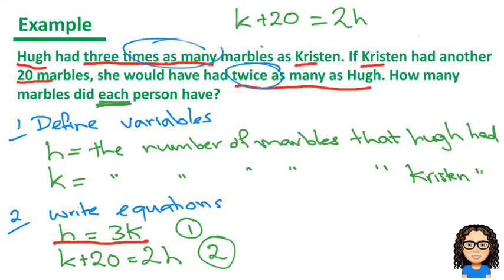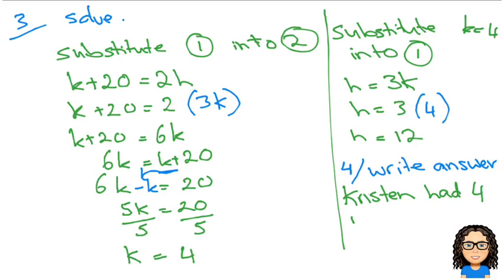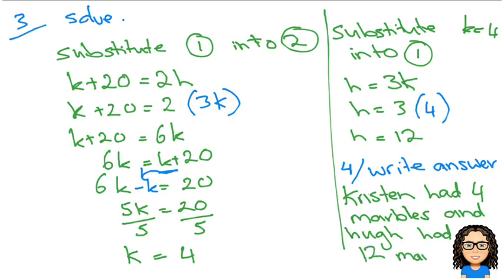I have a word problem, so I need to write the answer in word form. That is step number 4, write the answer. So I'm going to say Kristen had 4 marbles and Hugh had 12 marbles. And there's my solution.